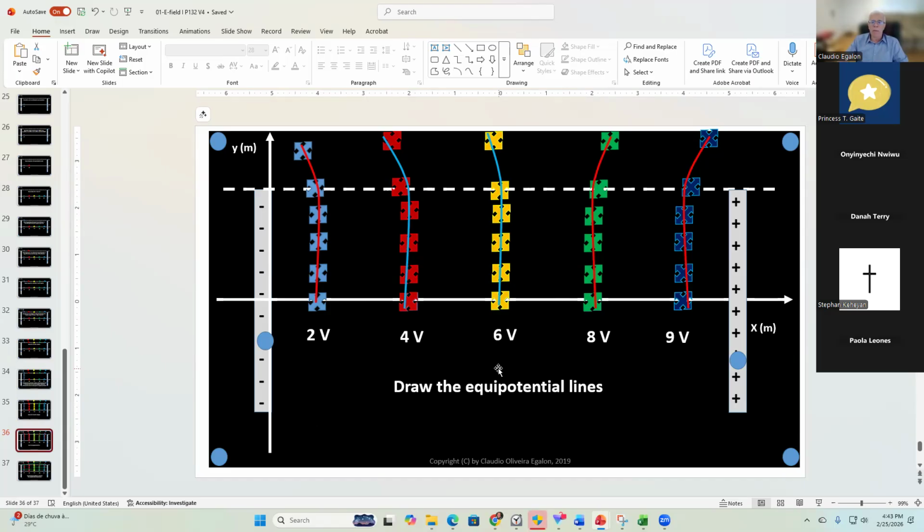That's exactly what we get. This straight line that you see here is the key configuration of a uniform electric field. All those lines that you see here, we call the equipotential lines or equipotential surfaces. Equipotential line of 2 volts, equipotential line of 4 volts, 6 volts, 8 volts, 9 volts.